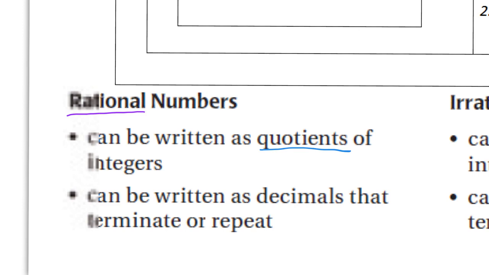Also, rational numbers are numbers that can be written as decimals, but this is very important: decimals that terminate, which means it stops somewhere. It can stop 3 numbers after the decimal, 10 numbers, or 20 numbers after the decimal, but it stops somewhere. So that's terminate. Or the decimal is repeating.